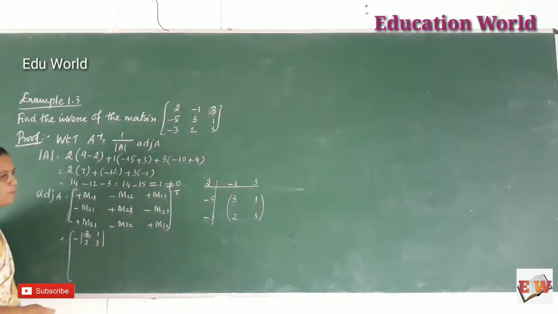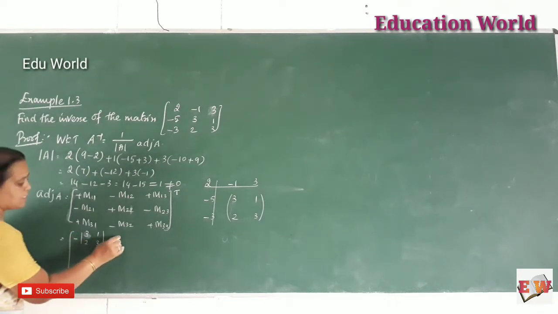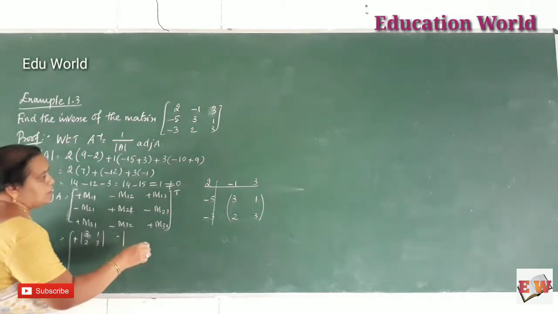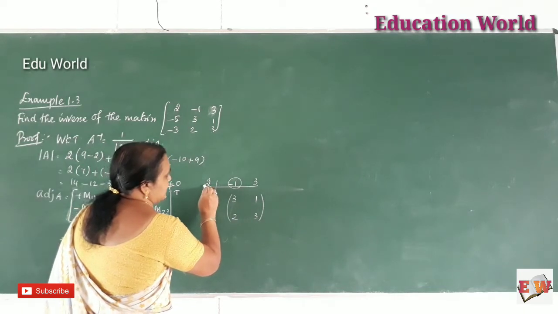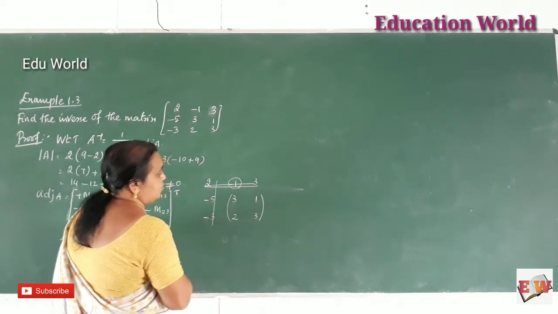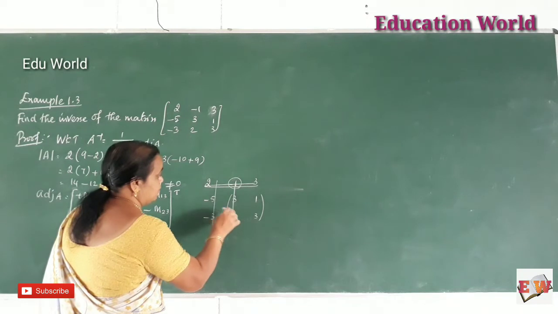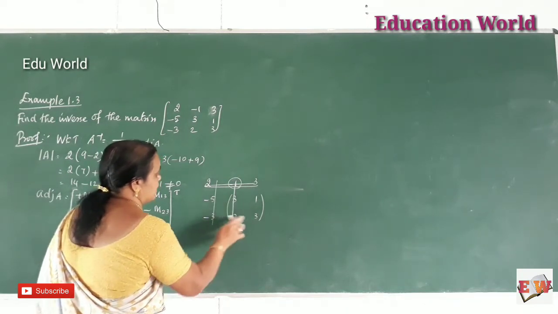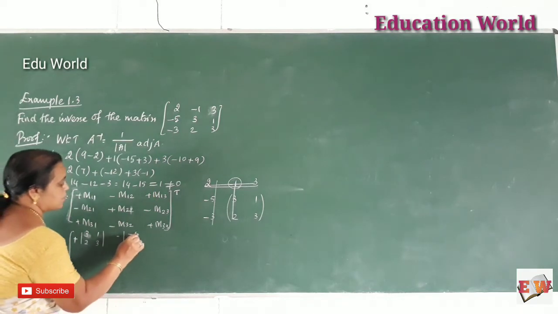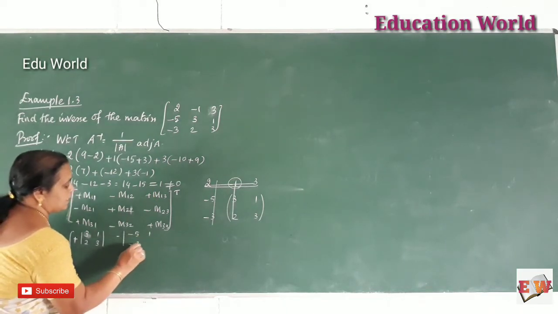Like this we have to find the minor for all entries of the given matrix. Here plus, here minus. Next, for this minus 1 we have to delete this row and this column. So we get the submatrix minus 5, 1, minus 3, 3.